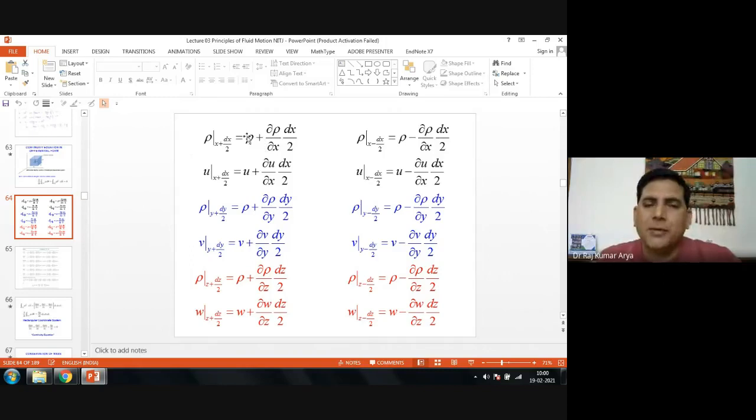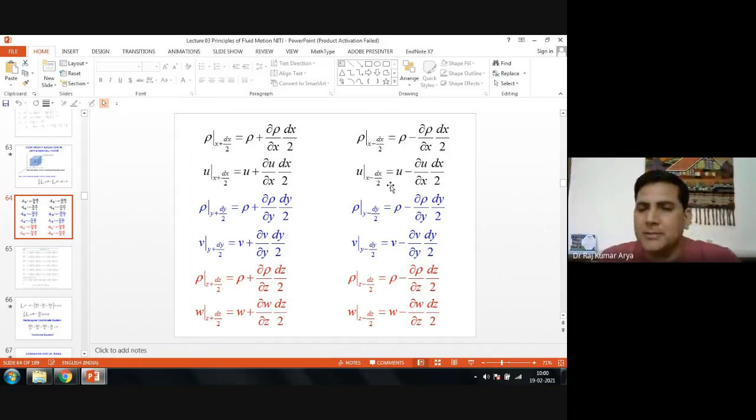So this is the plus x side, and this is to the minus dx by 2 if we go to the left side. This is again the plus side velocity, and this one is the minus side, velocity at x minus dx by 2.